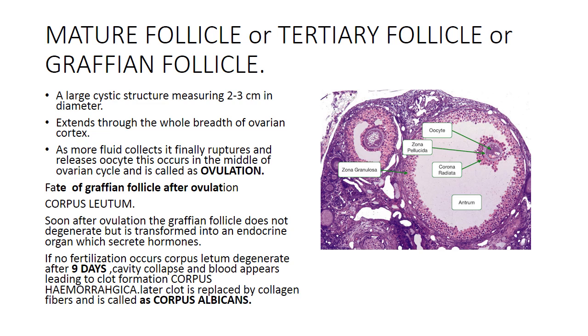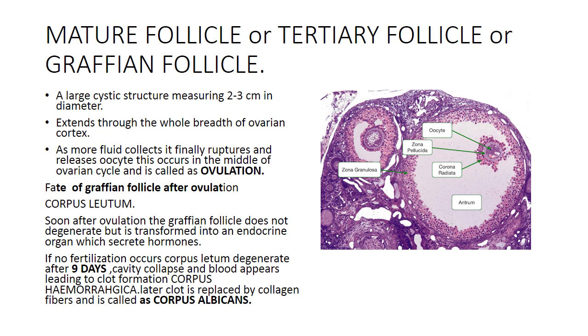In the same slide you can see the oocyte, then the zona pellucida, and there is a collection of granulosa cells, which is called the cumulus oophorus, and the granulosa cells which are covering the oocyte towards the antral cavity are called the corona radiata.